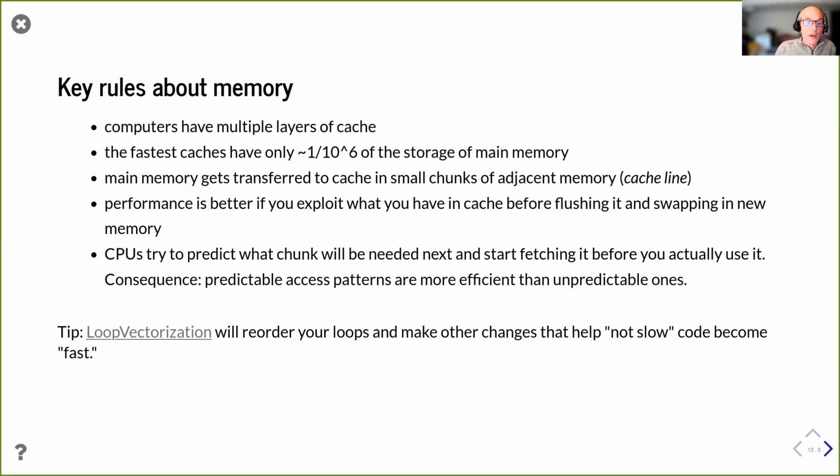So you can write your code in a quite naive way, and LoopVectorization will reorder your loops and do other kinds of transformations to your code that can really help code that isn't slow become truly fast, right? And so that's a very nice resource. So it's worth knowing about this kind of thing, but at least in practice, in some circumstances, you don't have to deal with the complexities yourself.